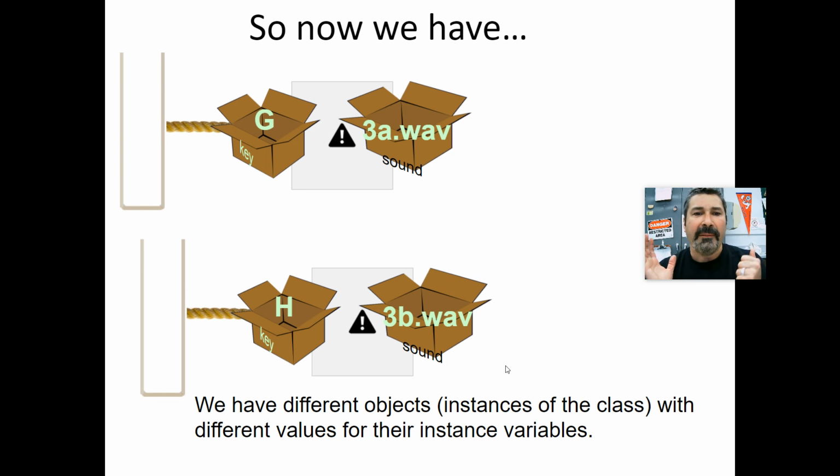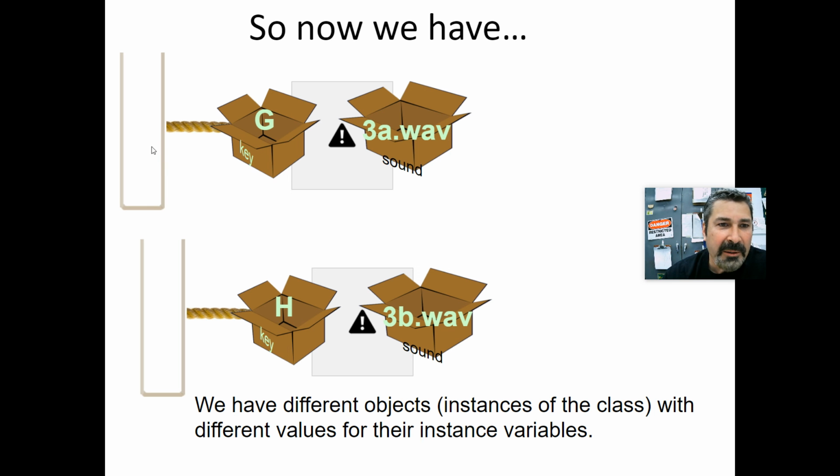All right, so here's what we have now. Okay, so now you have a key that plays with the G, 3a.wave. You have a key that can play with A or S or D, and it plays 3b.wave or whatever you chose. So we have different objects. So we have different instances of the class with different values for the instance variables, right? So you have key and sound.